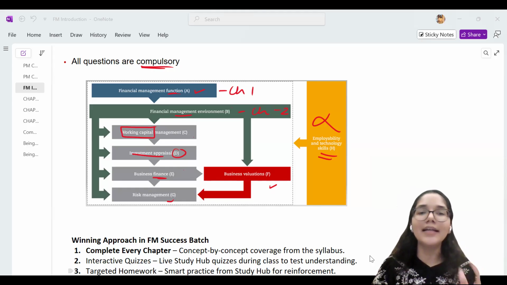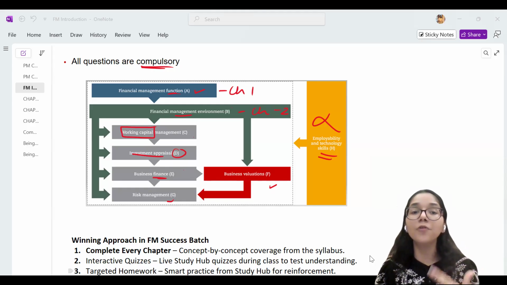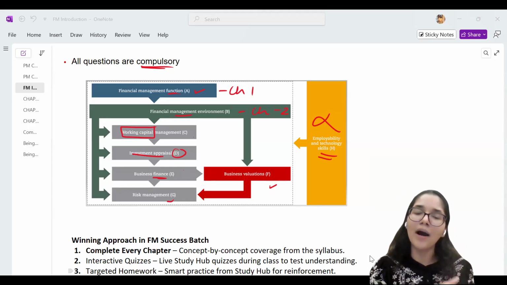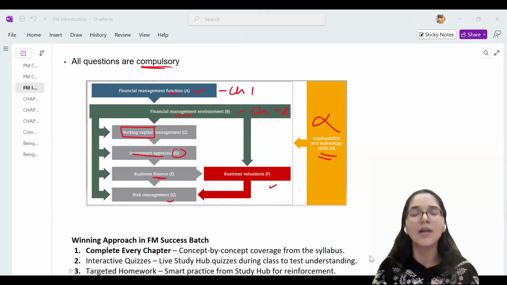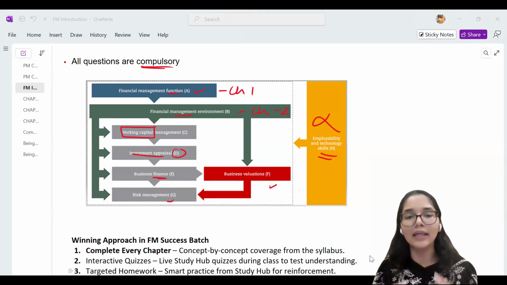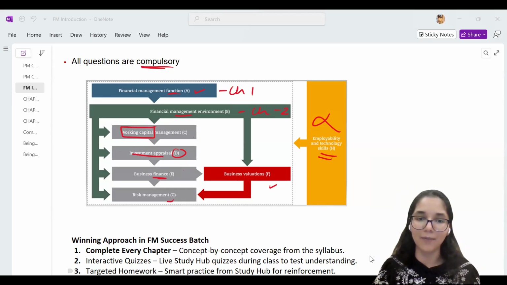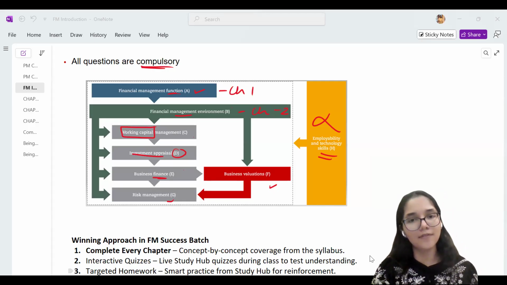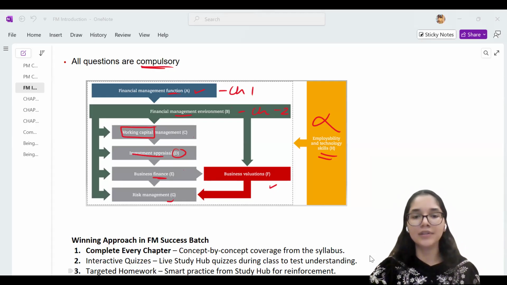No. So in this unit, you're going to learn how to value a company. If you want to buy a company, or sell a small part of your own company, you should know how to find out the value of the company. So valuation is the unit where we are going to learn deeper into this part.